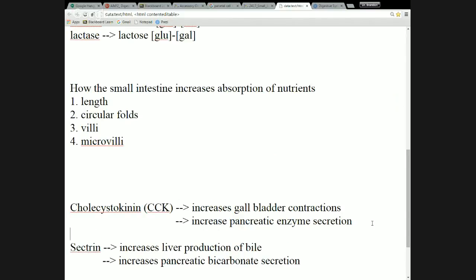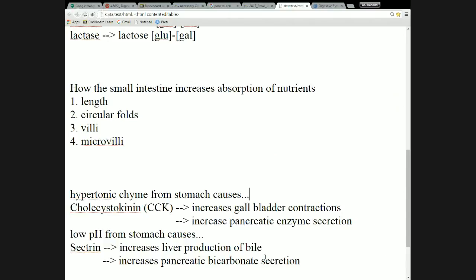Okay. So let me add something to this. So chyme is the name of the watery substance that's in the stomach, and it moves into the small intestine.